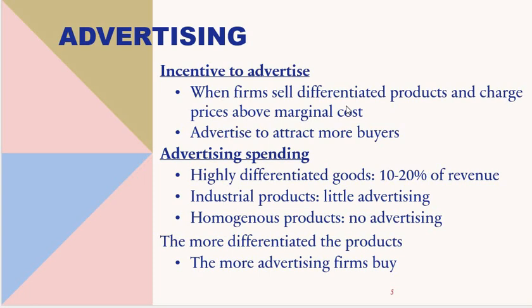Like when we're going to buy drinks, sometimes we might choose soda, sometimes juice or water or flavored water. We definitely have differentiated products to choose from. And advertising will help customers find what they want. So from the firm's perspective, advertising will help the buyers find their product. So in that sense, it will attract more buyers to their business so that the firms can make more money.